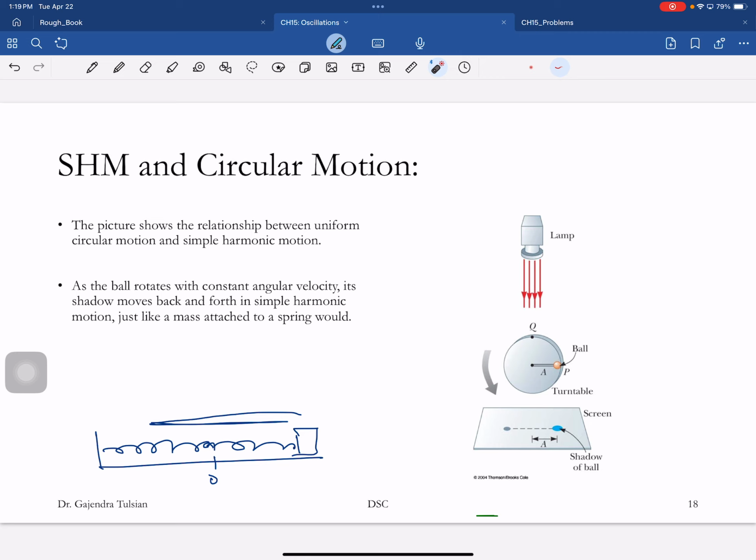We'll have an object going in a circle at constant speed. Now we're going to project this motion onto this plane. So here is the shadow of this object. As it goes in a circle, what is the shadow doing? Going back and forth. This motion is exactly the same as that motion.